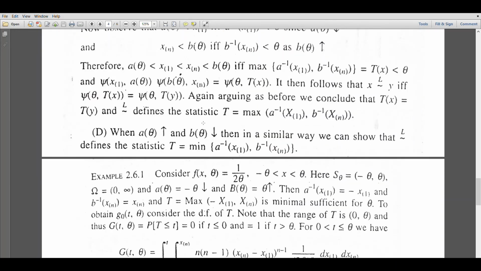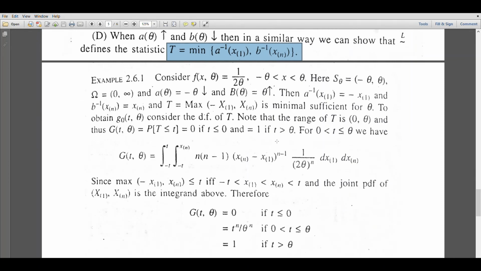And the second case, that is when the lower limit a of theta increases and the upper limit b of theta decreases with theta, then in that case the minimal sufficient statistic is T equal to the minimum of a inverse of x1 comma b inverse of xn. Now let us discuss different examples.